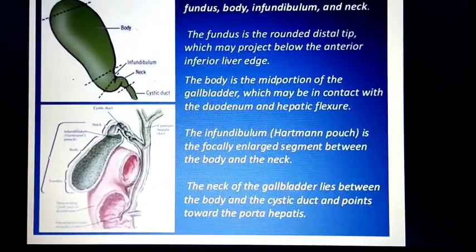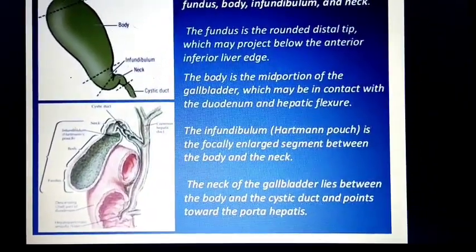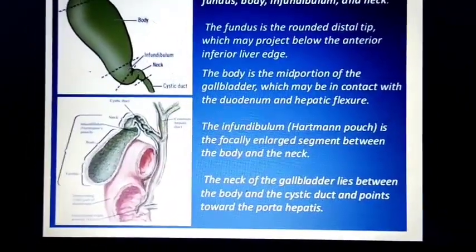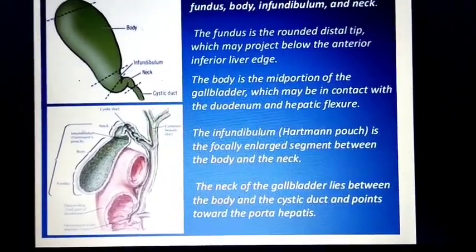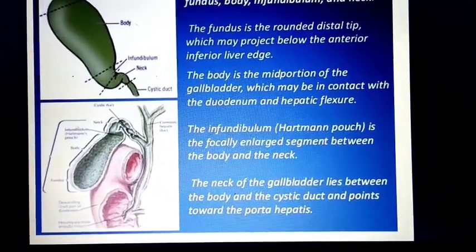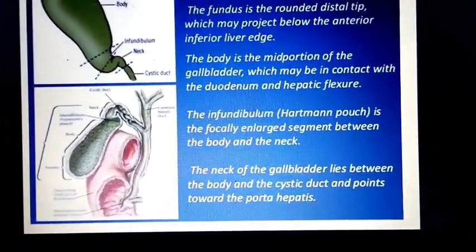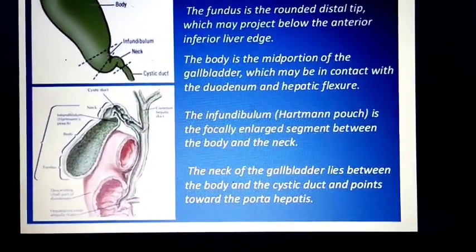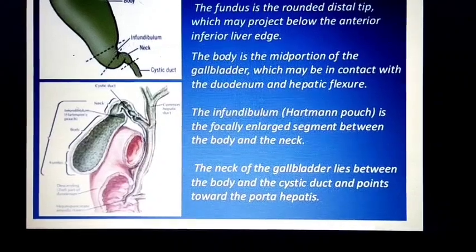The infundibulum is also called Hartmann's pouch, a sac-like pouch between the body and neck of the gallbladder. It is a focally enlarged segment between the body and the neck. It is a common site for gallstones; here gallstones obstruct.